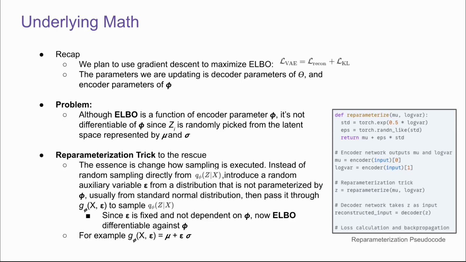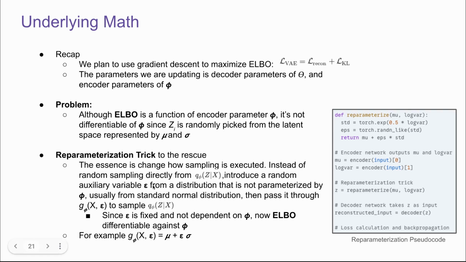So now we have the reparameterization trick to the rescue. The essence is to change how sampling is executed. Instead of randomly sampling directly from this distribution, let's introduce a random auxiliary variable epsilon from a distribution that is not parameterized by phi, usually a standard normal distribution, then pass it through the new g function to sample the q distribution.